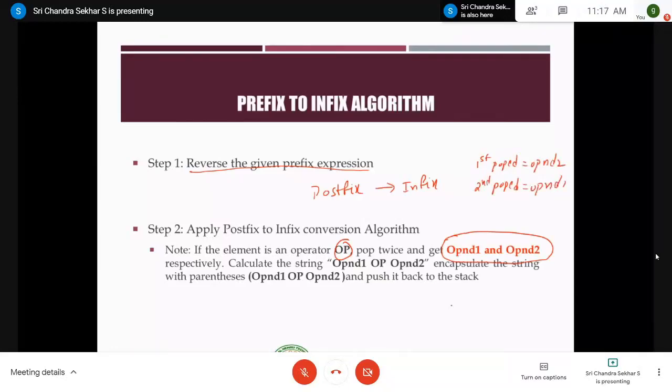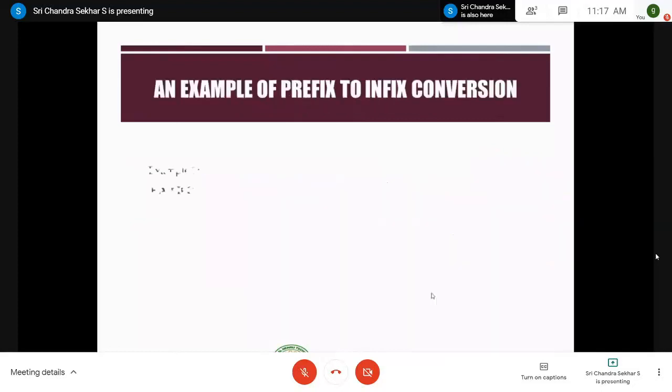The first popped element will be operand 1 and the second popped element is operand 2. The remaining thing remains as it is. So this is the only point you have to remember, that the first popped element will become operand 1 and the second popped element will become operand 2. Now let us take the example.